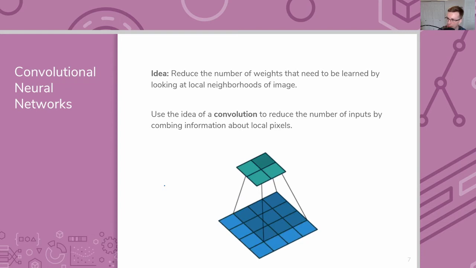And there's lots of choices we have to make here about how we do that combination, how big of an area we look at each time, and we'll cover that. But the idea for a convolution is to have this kind of sliding window over our input image. So this blue image down here is our input image. And just for this small example for today, it's a 4x4 image. And the output is the thing shown up here.